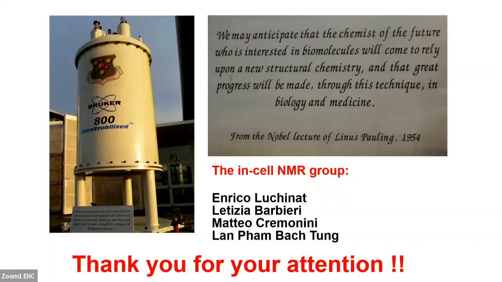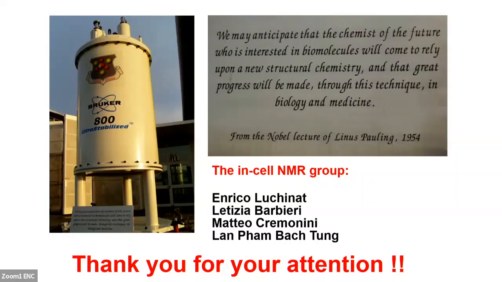This is with the Shigemi tube, just to reduce the amount of cells. Some of these spectra are at slightly higher protein concentration, but going down in concentration up to 30 micromolar, we can see the signal.